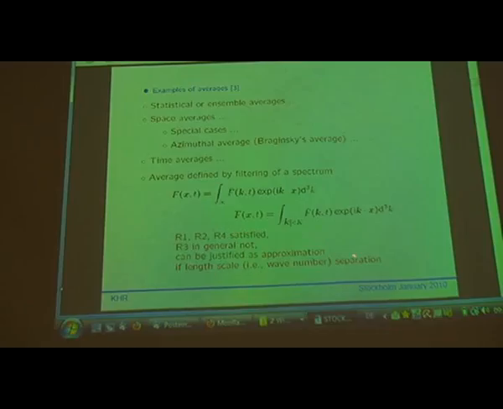It can be justified as an approximation again if you have a separation of the wavelength. By the way, you can rewrite this as a space average using the convolution theorem, in a form of a function of x plus xi times a weight function of xi, and this corresponds to a special case of space average, or, if you do this with respect to time, of time average.